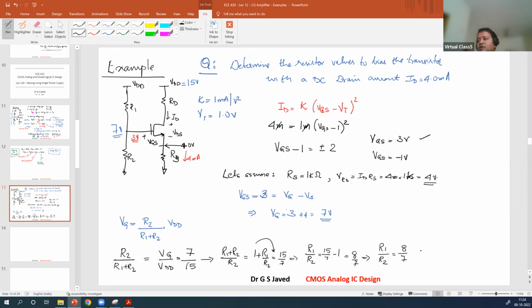So if you maintain this ratio, you can keep R1 equal to 8 kilo ohm, R2 equal to 7 kilo ohm. So with this, you will get this value correctly.